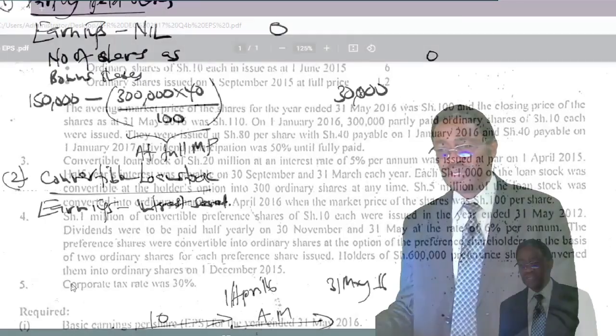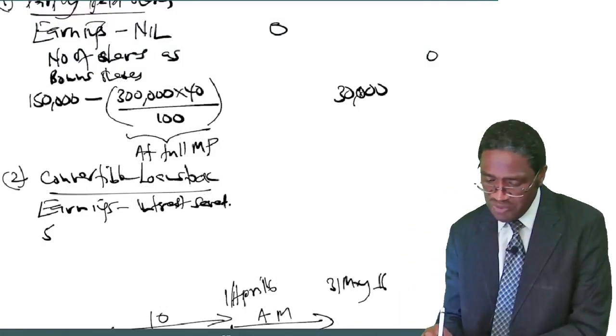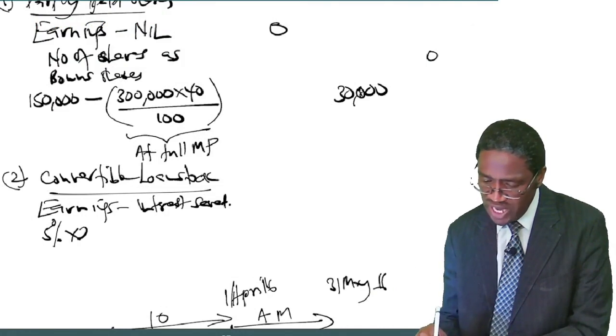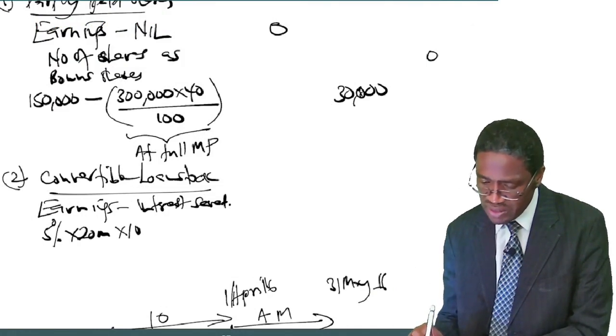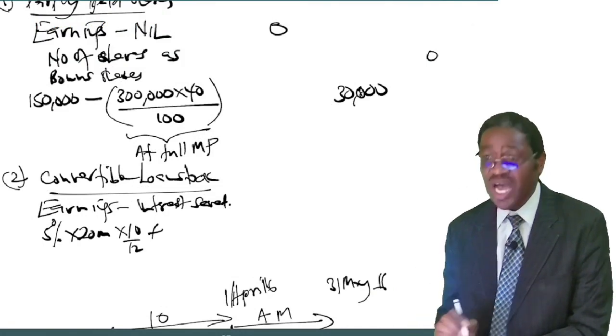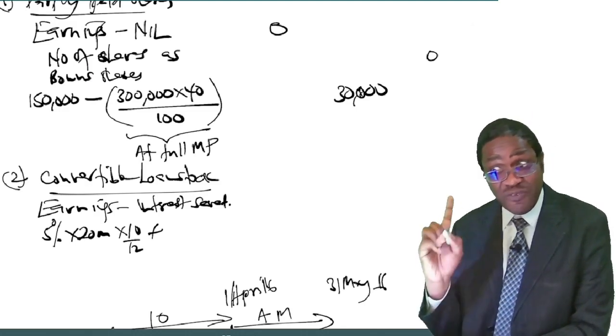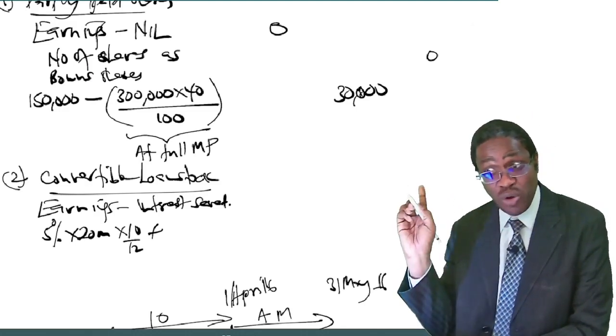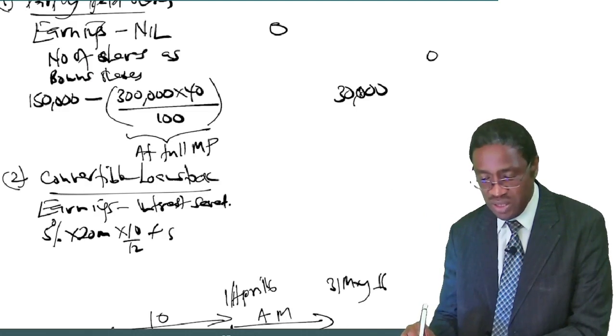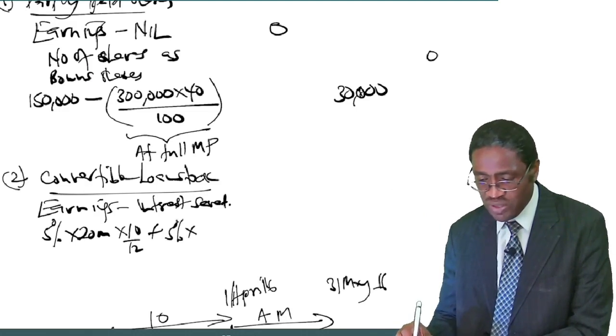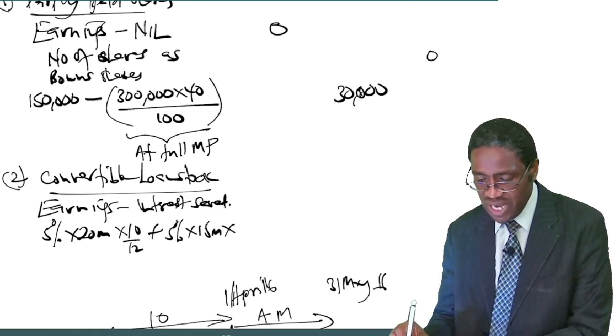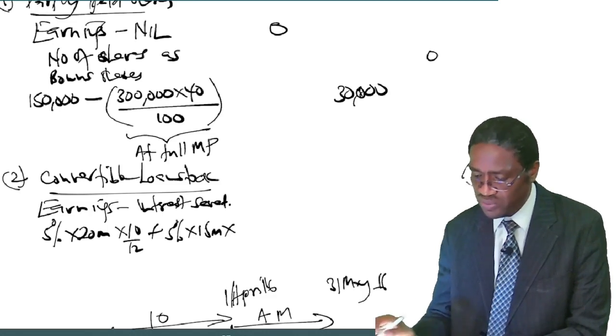So we say, what is 5% of 20M for 10 months plus, after 10 months, 5 converted, they became ordinary, so we were left with 15. Plus 5% of 15M times 2 over 12 for 2 months.